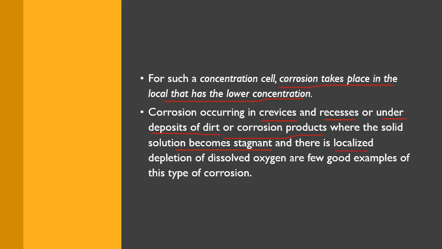And at this place there is localized depletion of dissolved oxygen, meaning that at that place oxygen is consumed very rapidly. For example, due to decomposition of organic products, due to dirt, due to microorganisms, they are depleting the dissolved oxygen rapidly at that place. Corrosion will be crevice corrosion. These are a few examples of crevice corrosion.